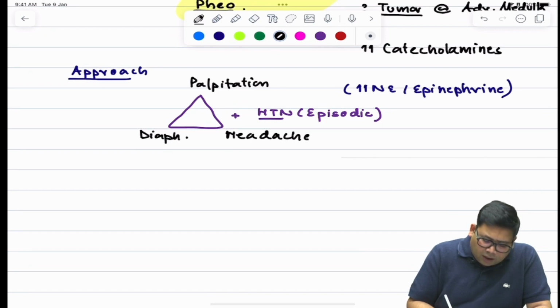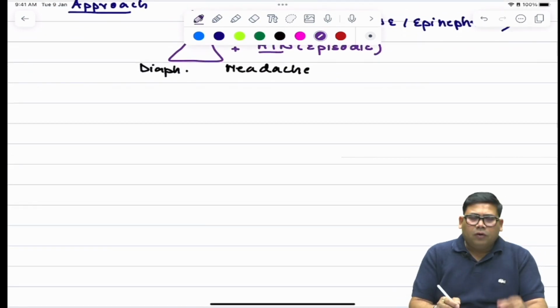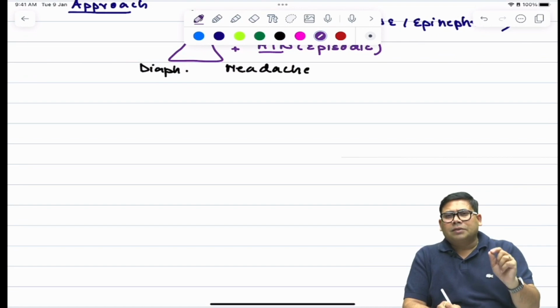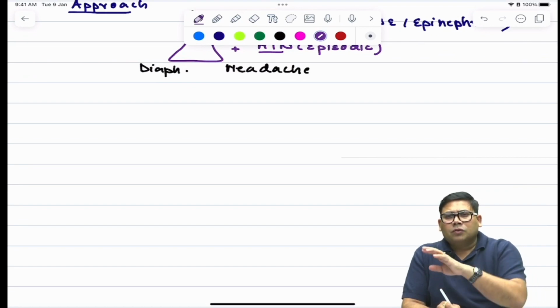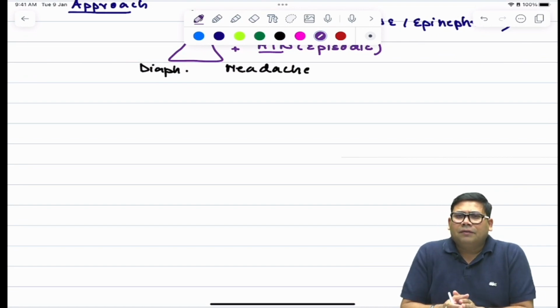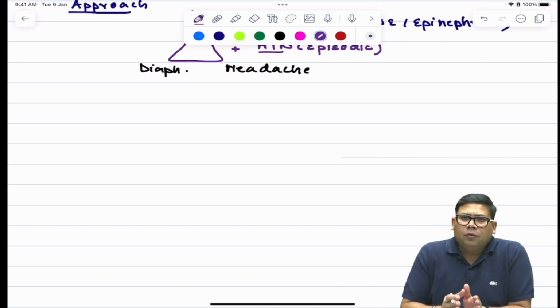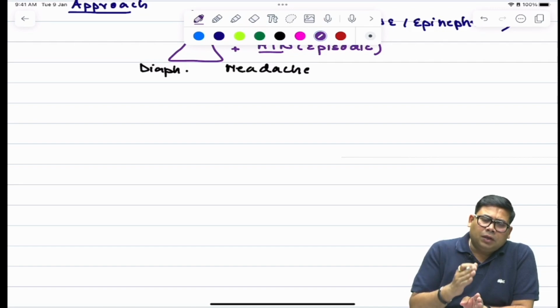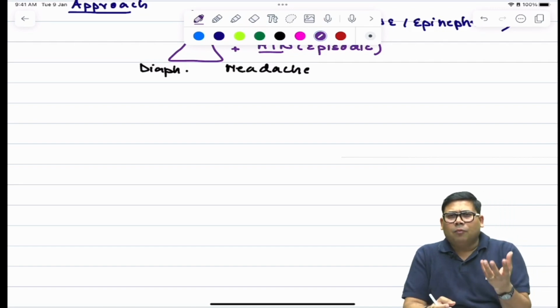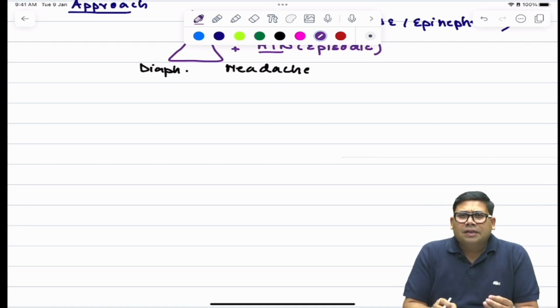Now whenever you are thinking about pheo, you always think about going for the plasma or the urine. So plasma versus urine metanephrine activity. I hope you understand that whenever we want to confirm any endocrine related abnormality, it is the urine level of the breakdown products of the target molecule which is desirable.